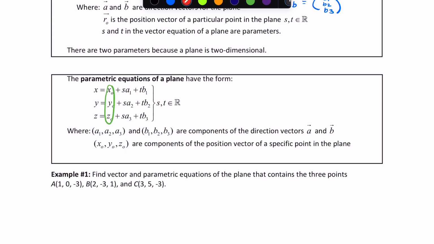So this first one represents the x components of each direction vector. The other one would represent the y component of each direction vector, and then these would be the z component.